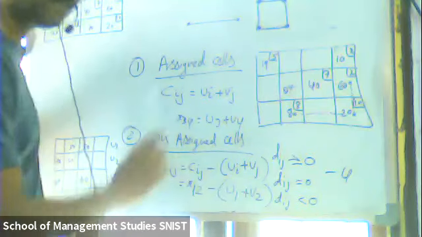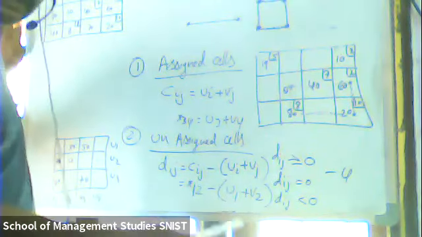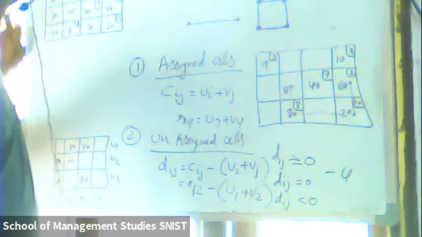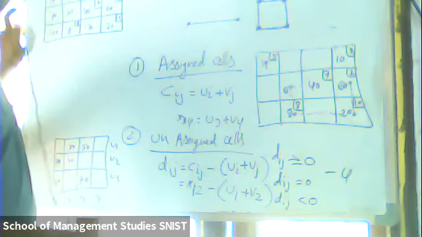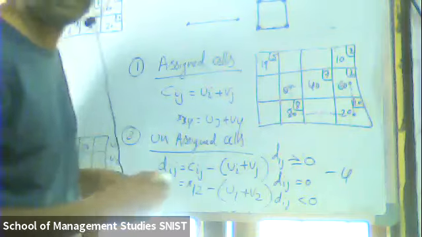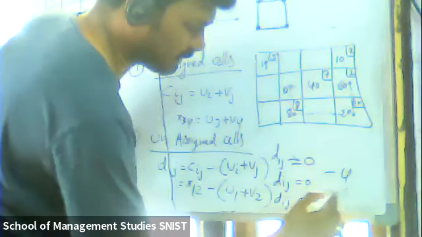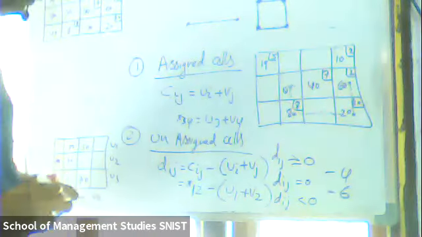Suppose your dij value is less than 0, then a problem arises. Then you have to check where you got the negative value. Now one more basic funda here. We got -4 and -6. Which one is the least value here? -6.